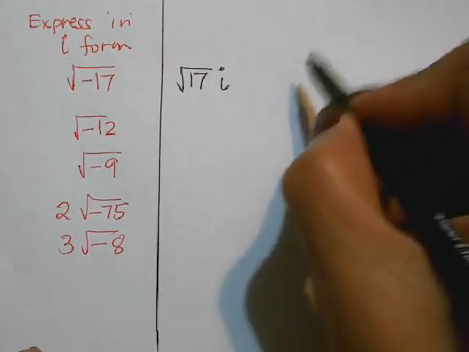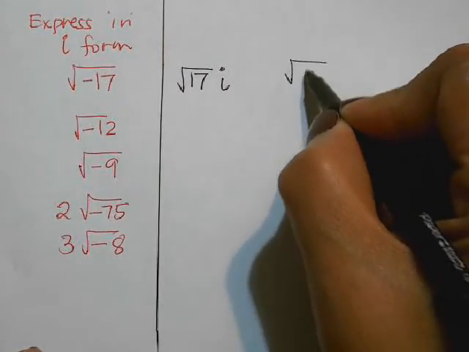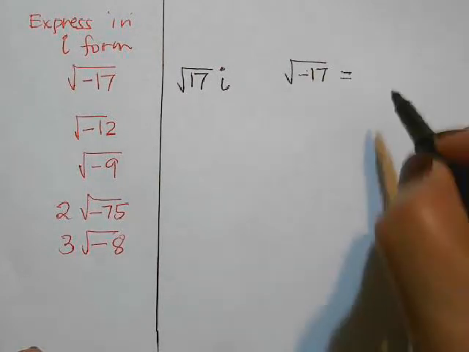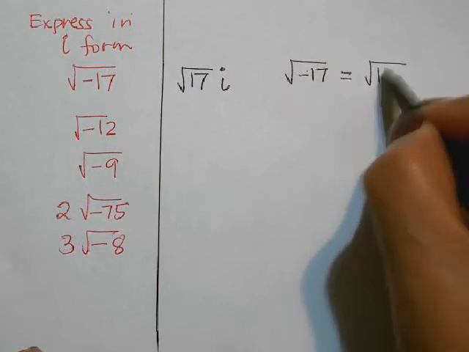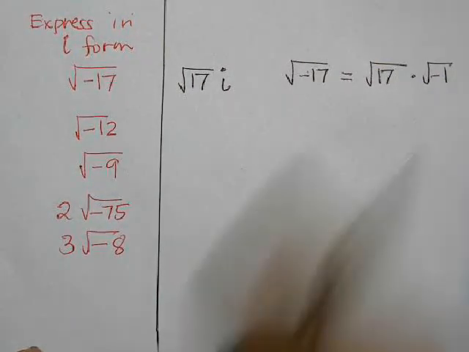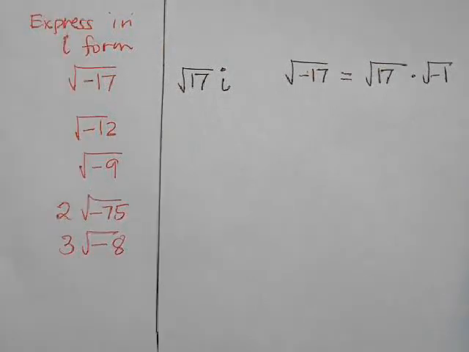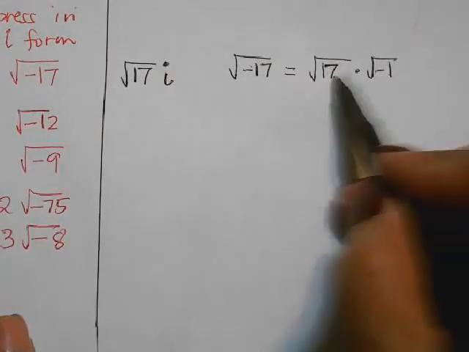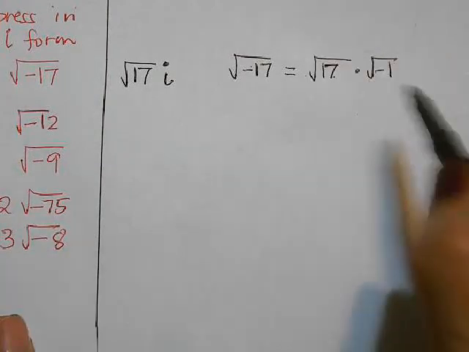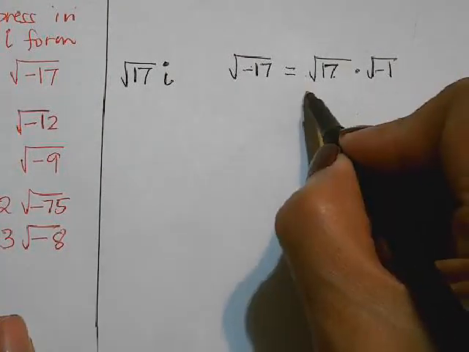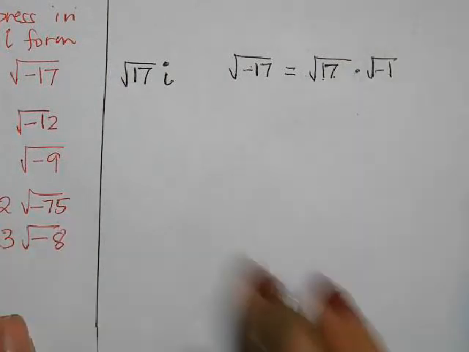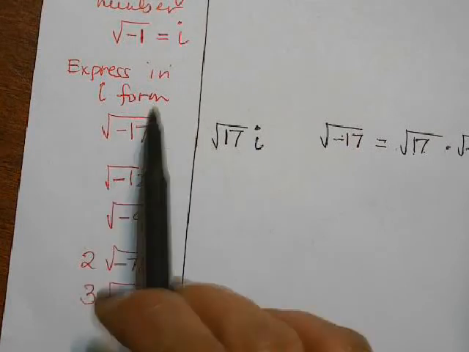So let's go back. The square root of negative 17. Okay, you know how to multiply radicals, so I could rewrite that as the square root of 17 times the square root of negative 1. How do we multiply radicals? Inside with inside, right? Radicand with radicand, coefficient with coefficient. So if that is the case, then I could write this as the square root of 17, and what is this again? We said that that is i.